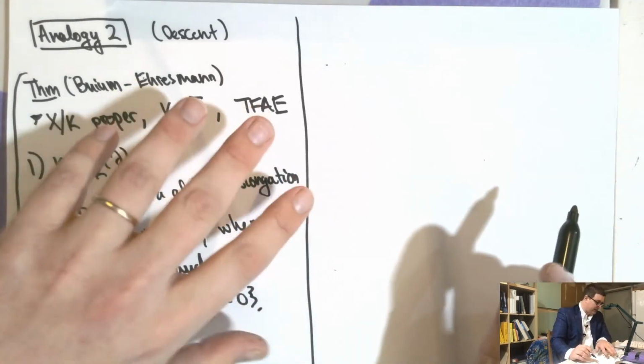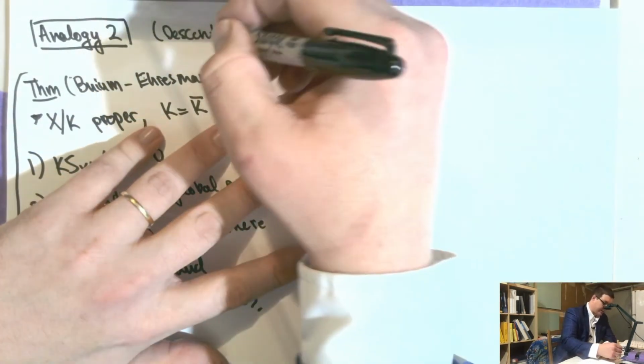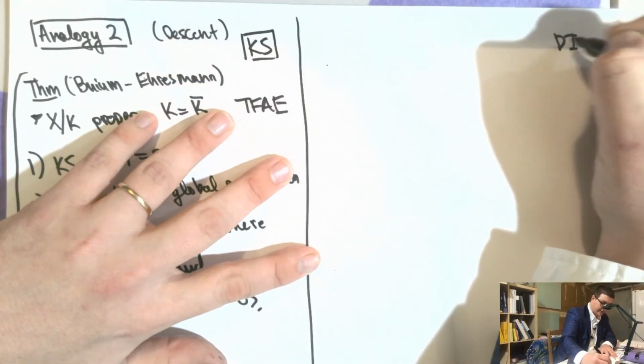So in the Deligne-Illusie case, this is the Kodaira-Spencer side and this is the Deligne-Illusie side.